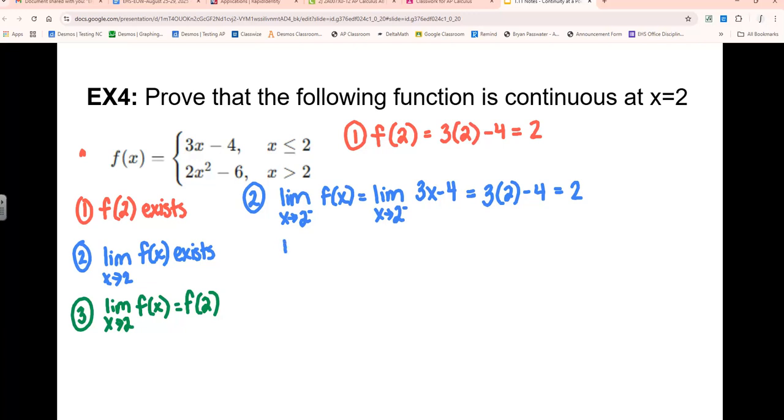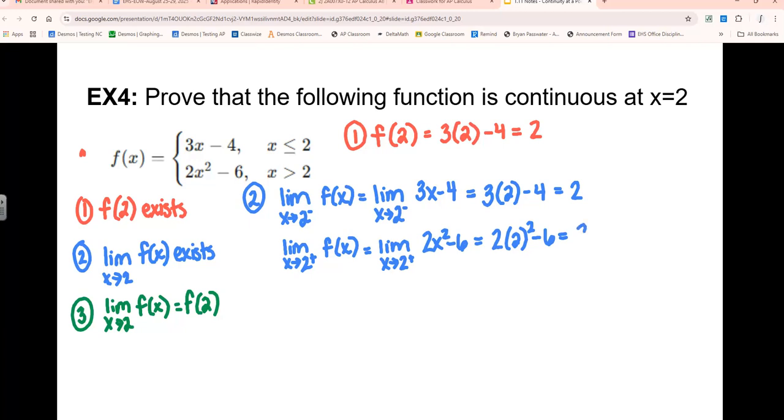We also must do our limit from the right, which is the limit as x approaches 2 from the right of the bottom function, 2x squared minus 6. So 2 times 2 squared minus 6. 2 squared is 4. 4 times 2 is 8.